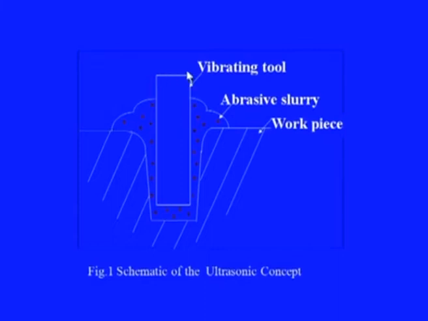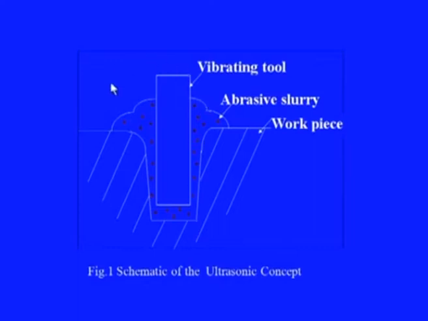As in the case of normal ultrasonic machining, this tool head will be connected to the horn as well as the ultrasonic generating equipment, and this is the abrasive slurry which will be introduced into the gap between the tool and the workpiece.